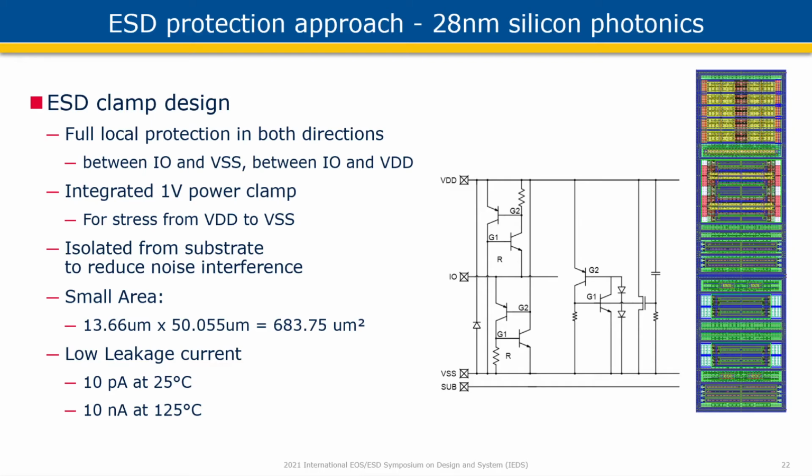A 1 volt power clamp for stress from VDD to VSS is integrated together with the local clamps. It is isolated from the substrate to reduce noise interference, and we have a small area and a low leakage current.